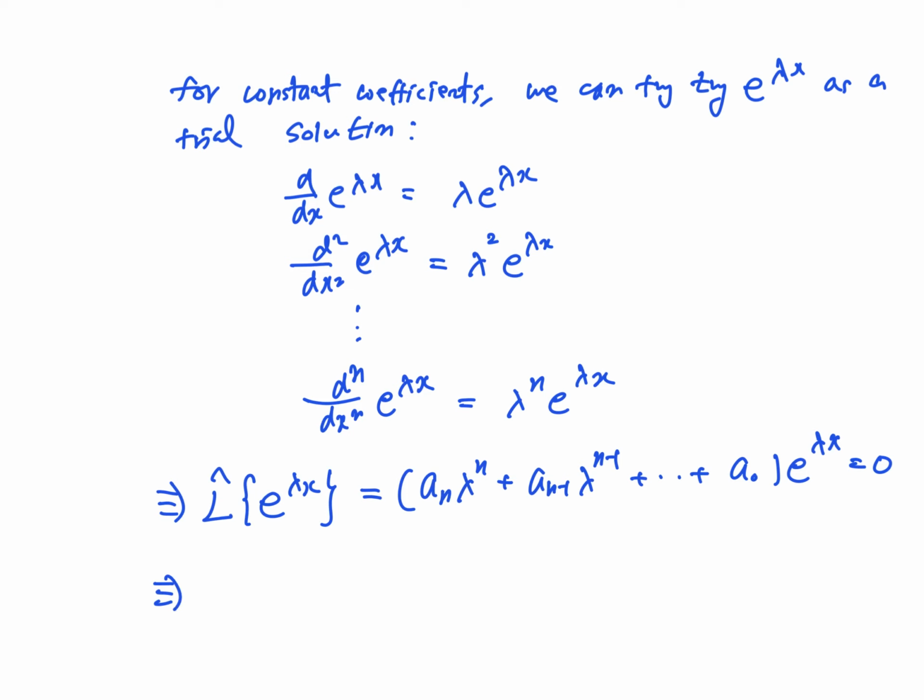So we have an lambda^n + an-1 lambda^(n-1) + ... + a0 is equal to 0. And this equation is called characteristic equation.